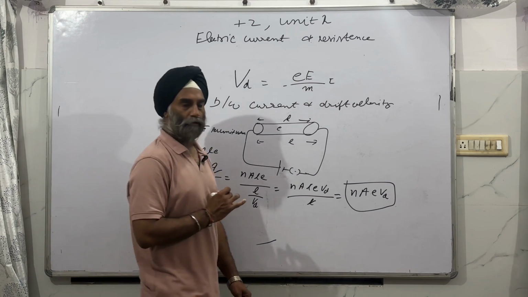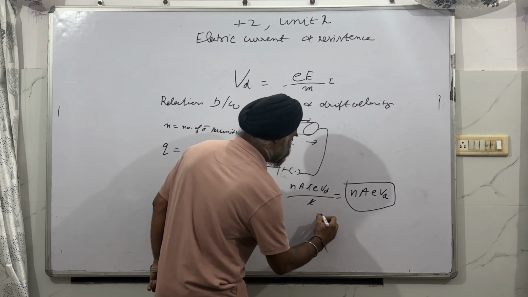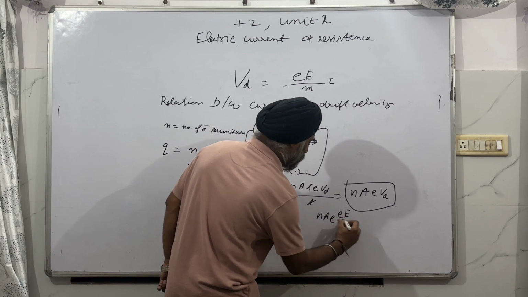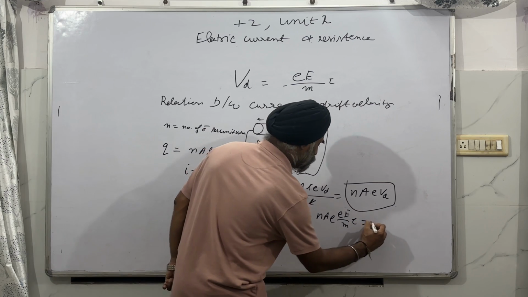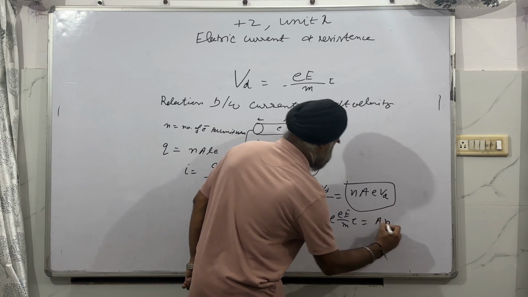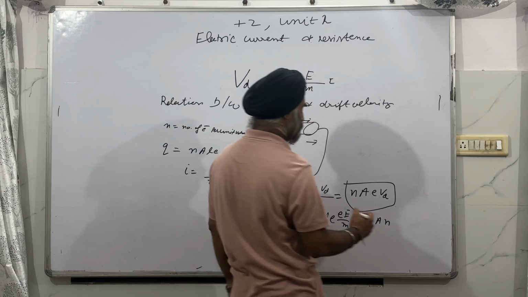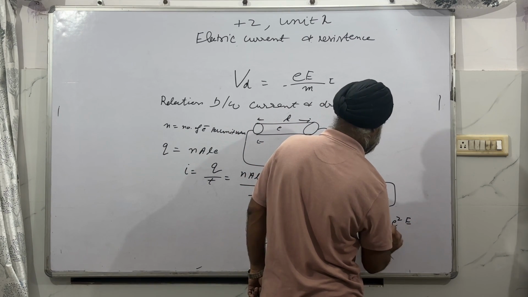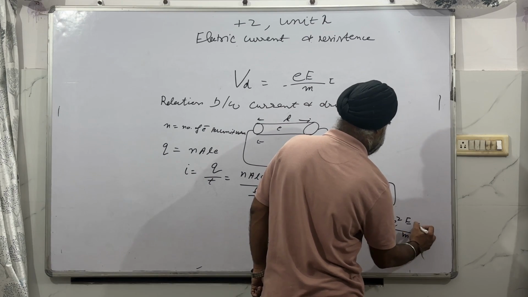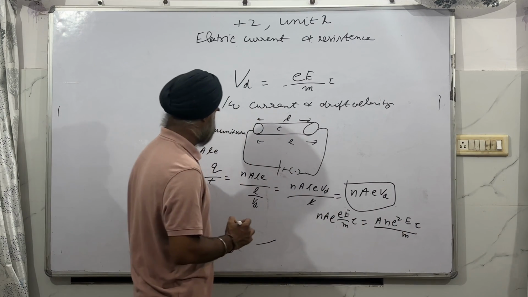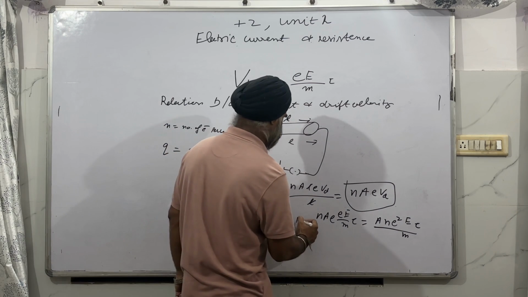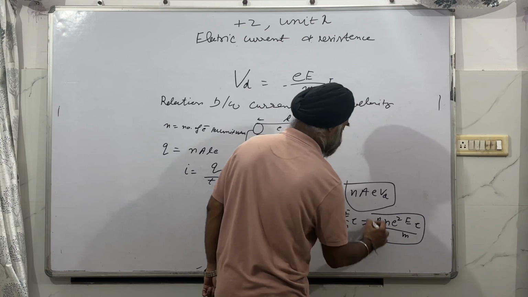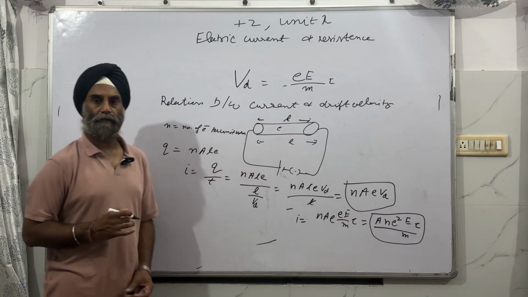If we put the value of Vd here, then I becomes nAe by m into tau, that is nAe square E by m into tau. ये आ गया हमारे पास current की value in terms of drift velocity.